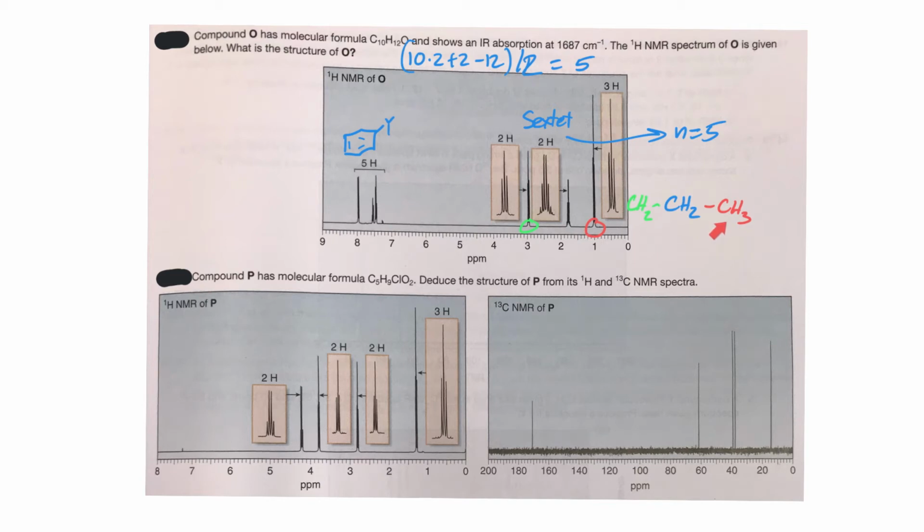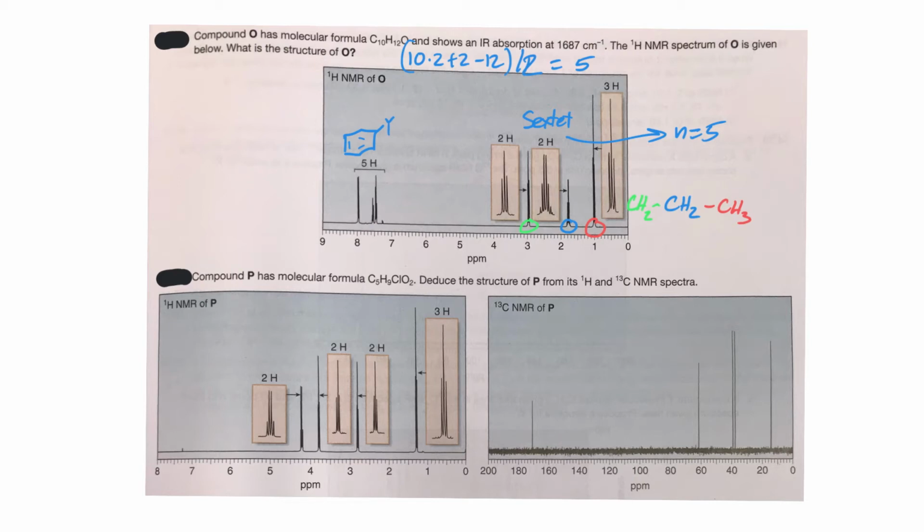And the red methyl group should be split into another triplet by the blue CH2, and indeed we have a triplet here. And then of course, when n equals 5, 2 plus 3, we would expect a sextet type splitting pattern for the blue CH2, and indeed this should be the blue CH2.